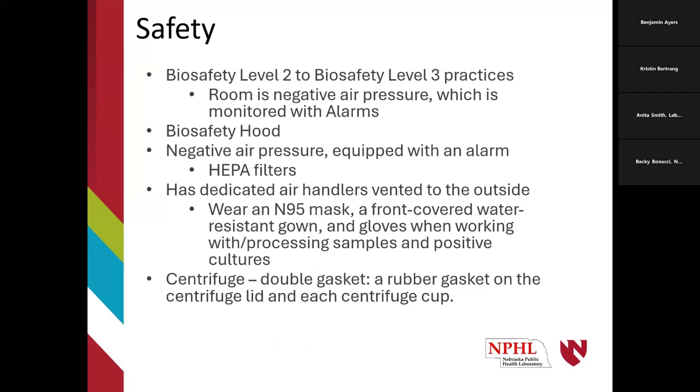There's a rubber gasket on the lid, and each centrifuge cup has its own rubber gasket. And of course, then you'll have your specimen cup. This is going to ensure the safety, since we do get a lot of Mycobacterium tuberculosis. This is very important to keep not only our laboratorians safe, but our community safe as well.